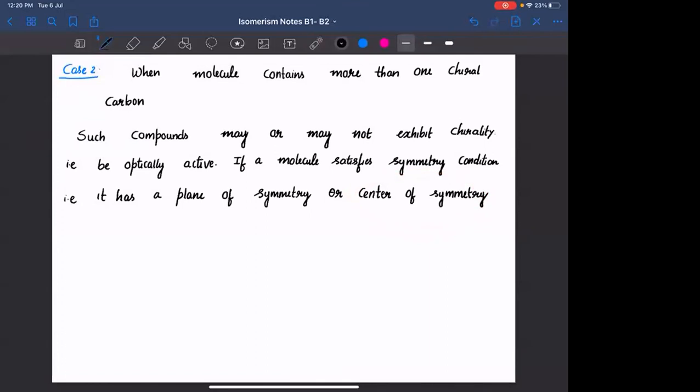If a molecule satisfies the symmetry condition, that is, it has a plane of symmetry or center of symmetry, then it will not exhibit chirality. What does that mean? It will be optically inactive.